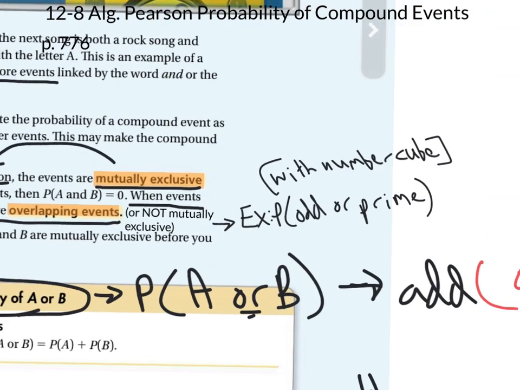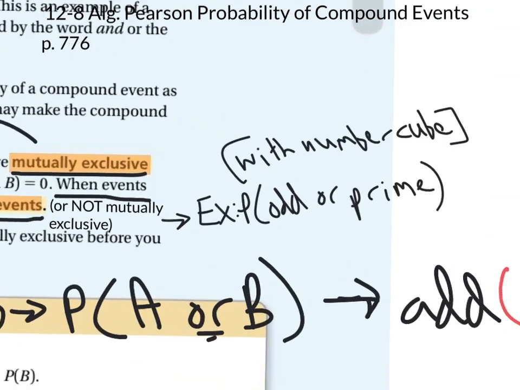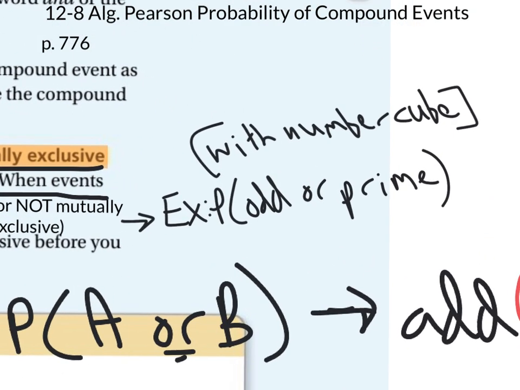So an example of that with the number cube again, if we talked about the probability of an odd number or a prime number, odds would be 1, 3, and 5. And then 3 and 5 are also prime numbers. So there's an overlap there. So those are overlapping or not mutually exclusive events.